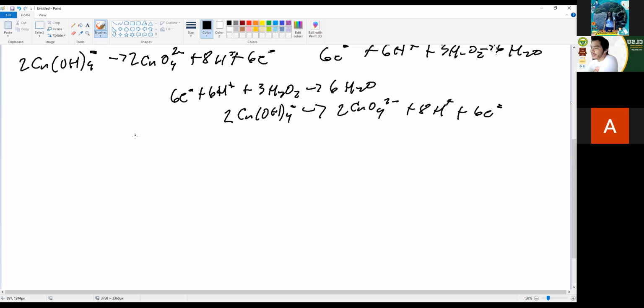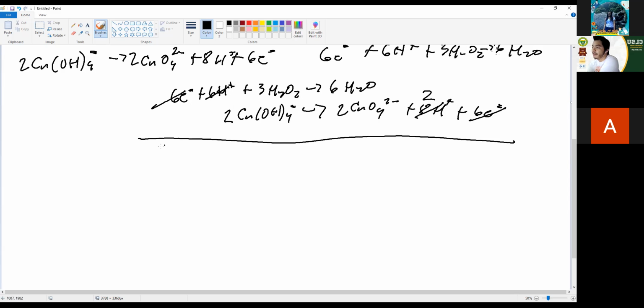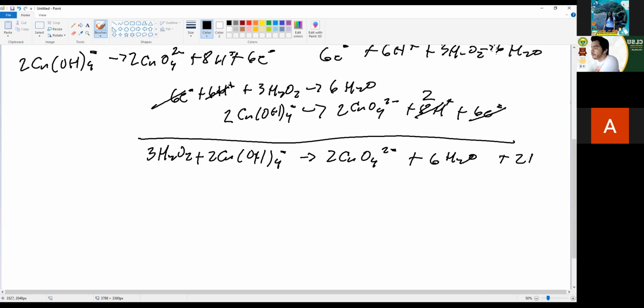So ngayon, pwede tayo mag-cancel. Cancel yung 6 electrons. So cancel yung hydrogen. So 8 minus 6 is 2. Ayan. Yung water, hindi na-cancel. Yan. So okay na. Wala nang na-cancel. So 3H2O2 plus 2CrOH4 negative will yield 2CrO4 2 negative plus 6 water plus 2H plus.